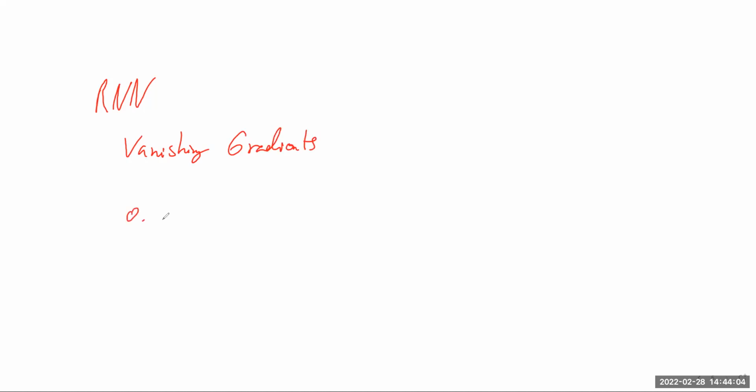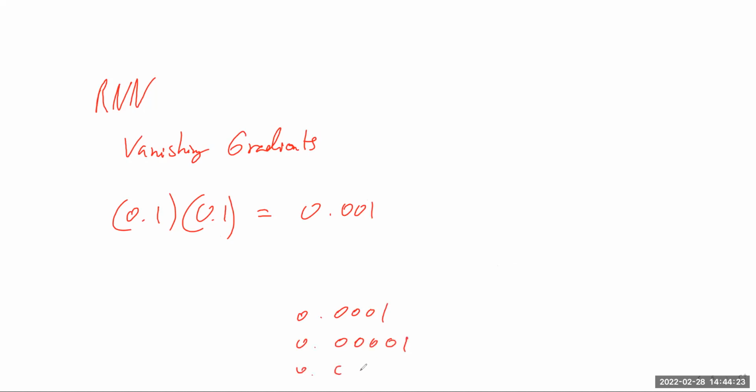If I multiply 0.1 times 0.1, what does that give me? It's like 0.001, something like that. And now if I take this and multiply it by another tiny number, the numbers just keep getting smaller and smaller and smaller until basically they might as well be 0.